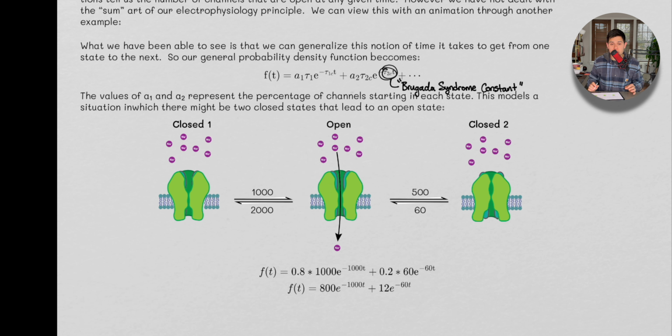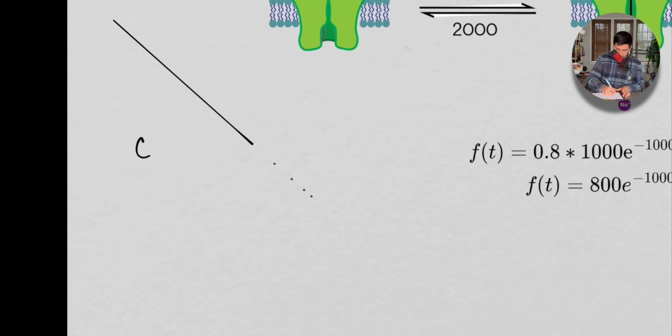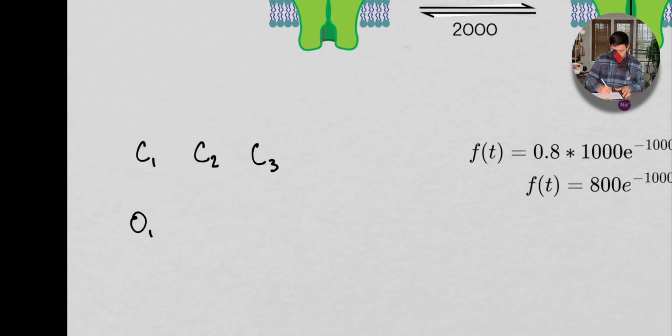What we're starting to do now is build kinetic models. When you see a kinetic model, what you'll see is something that looks like, say, a closed state. We have a closed state one, maybe you have 3 closed states. You could even have two open states, and our models might look something like this, right?